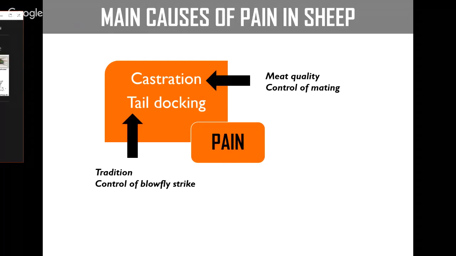I assume that nobody would deny that doing tail docking because of tradition is not acceptable on animal welfare grounds. So that's very clear. But in some other cases, the discussion may be a little bit more difficult. And one example of this is tail docking as a strategy to reduce the risk of blowfly strike.